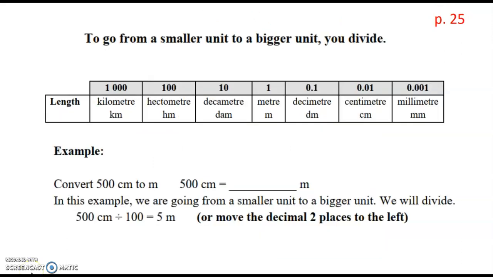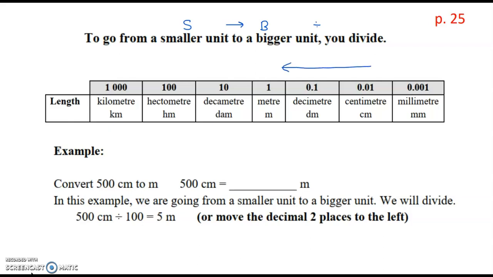We've also learned that if we go from a smaller unit to a bigger unit, we divide. So if we're moving this way on the metric line, we're going to be doing division, whereas when we move to the right, we were doing fast multiplication. So if we're this time going 500 centimeters to meters is 2 places to the left, so this is division by 100.